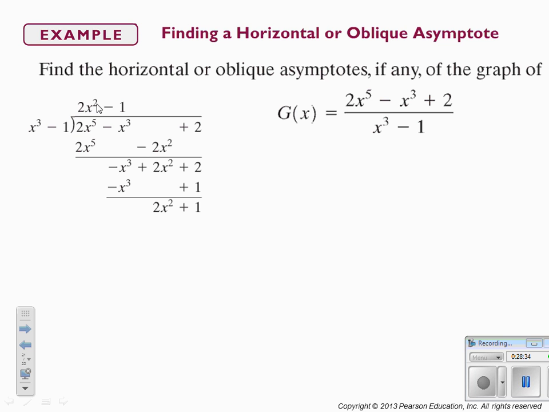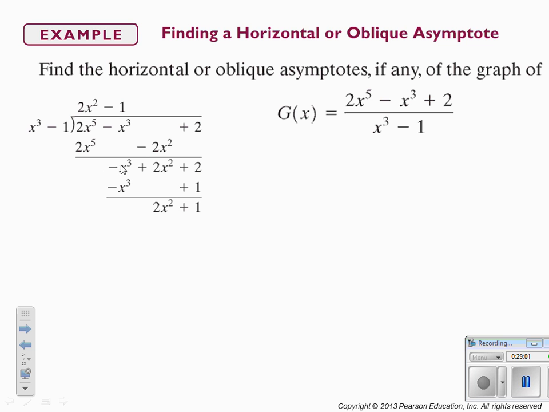Well, that's 2x squared. When I multiply 2x squared by x to the 3rd, I get 2x to the 5th. And then I multiply 2x squared by negative 1, and I get minus 2x squared. I go ahead and change the sign. This becomes a minus. This becomes a plus. And this is 0, negative x cubed, plus 2x squared, plus 2.